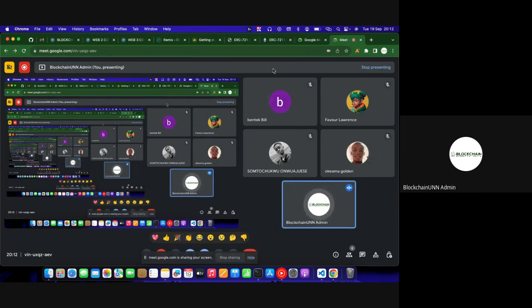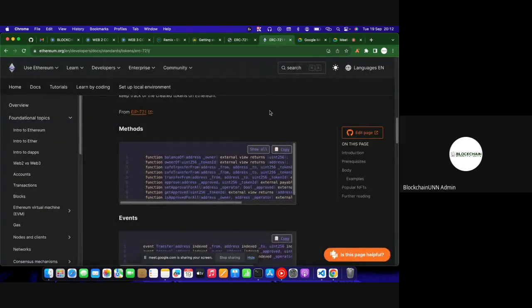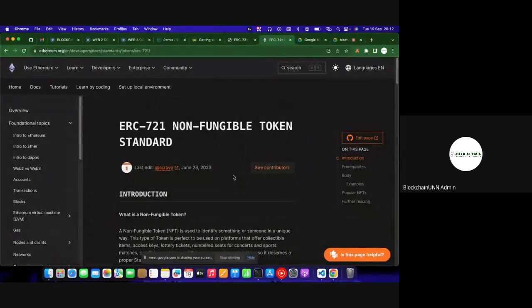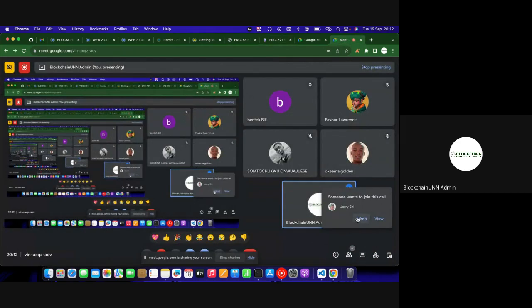Okay, so let's start from this particular introduction to ERC-721 by ethereum.org.